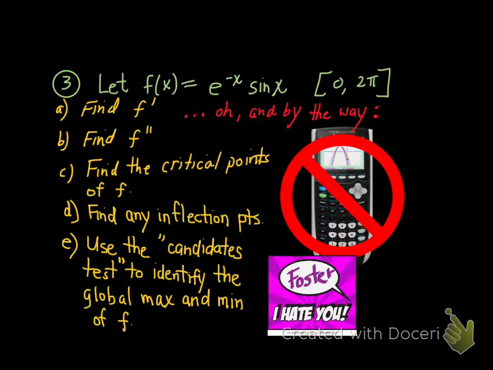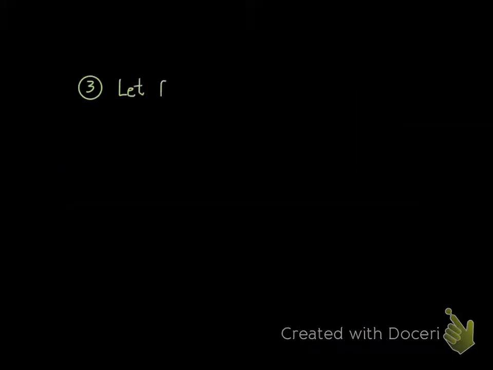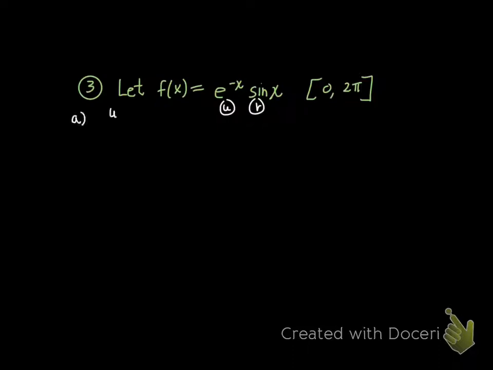So first of all, we got to find f prime. Just giving you the problem again, we'll do these on multiple screens. To find f prime, I realize I got to use the product rule. The product rule says u prime v plus u v prime. First take the derivative of u. This requires the chain rule.